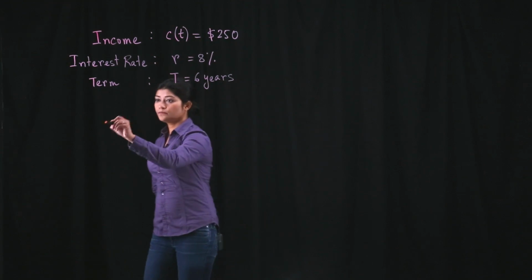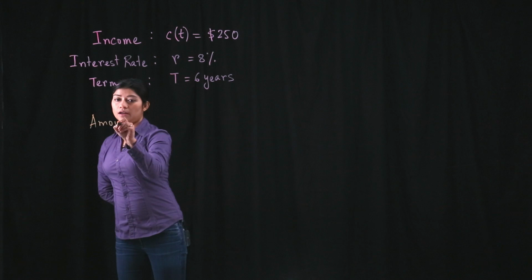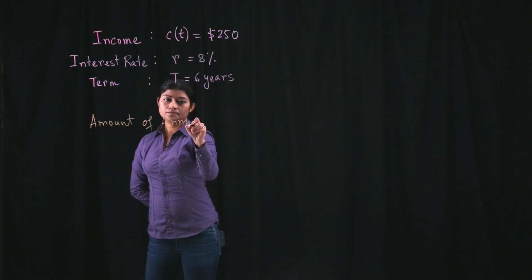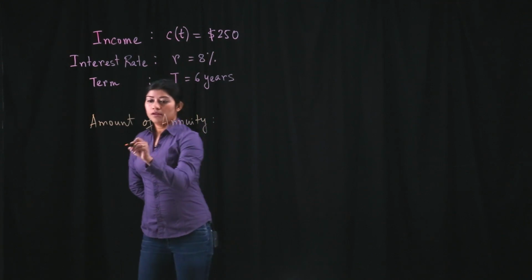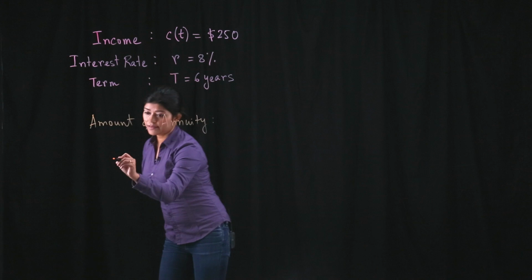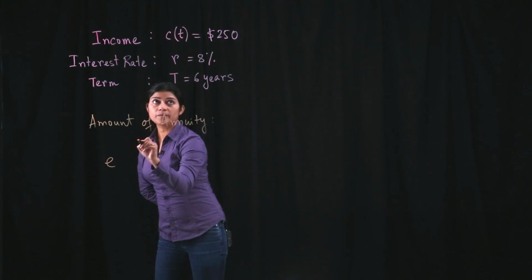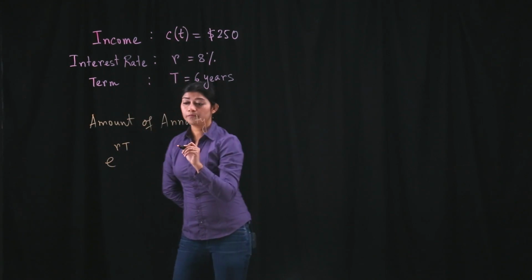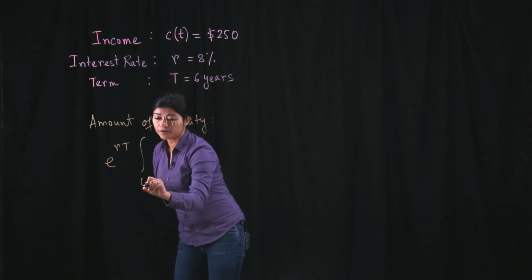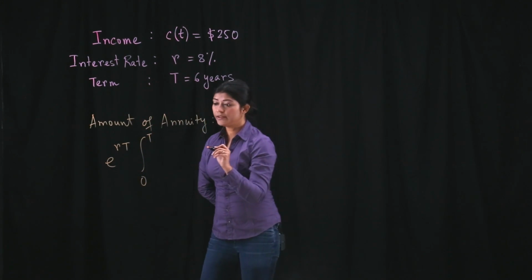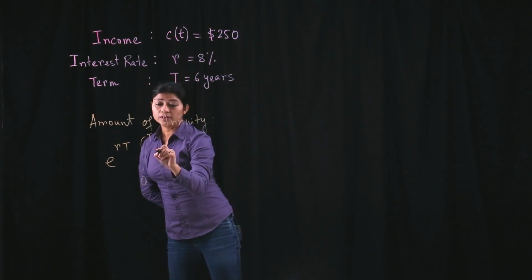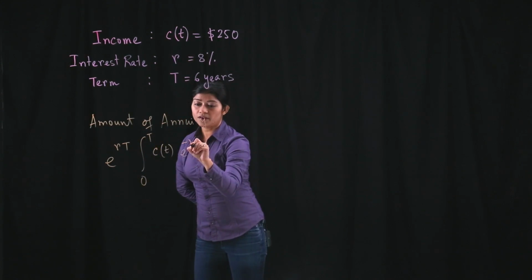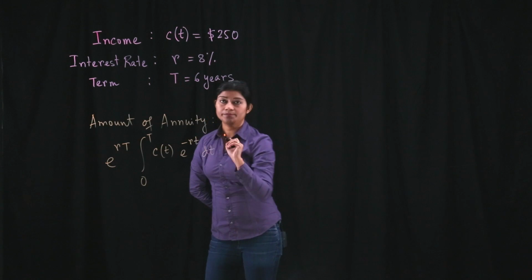So let's first recall, how do we compute amount of annuity? And the formula for that is, it is e to the power r, the rate, times the term, and then you integrate from 0 to the term t, and inside the integral you will have the function c of t, e to the power negative r small t dt.